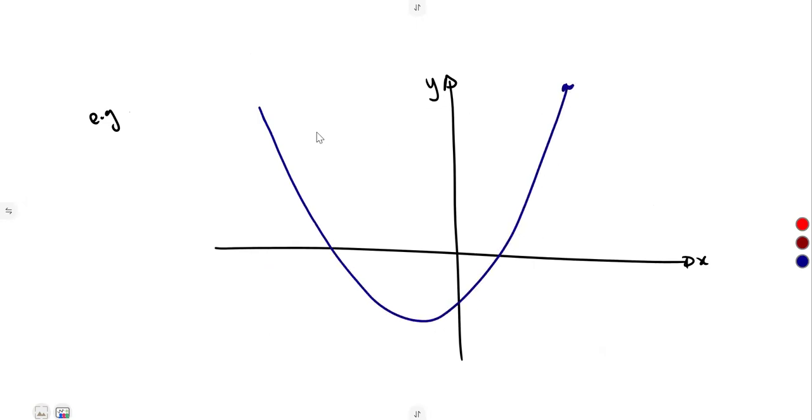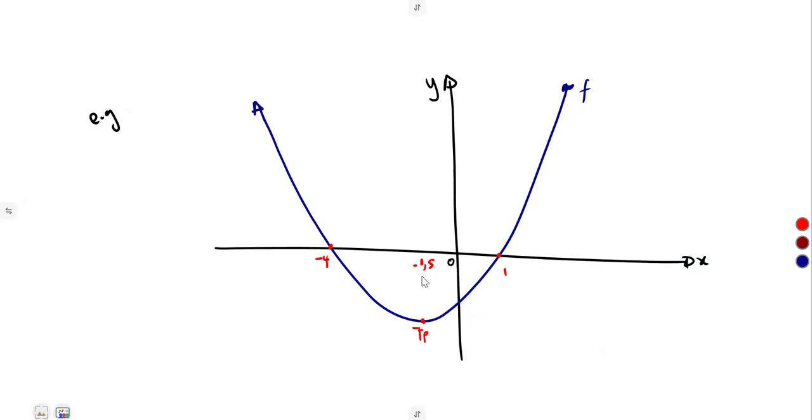That's our f of x, and it has the x-intercepts at -4 and at 1. The turning point: if we add these two, then divide by 2, it's going to give us -1,5 or -3/2. That's the x value at the turning point. This is our function.